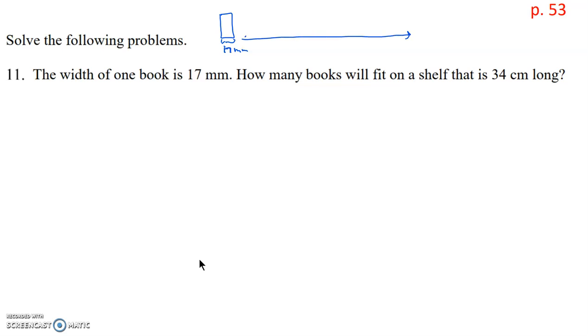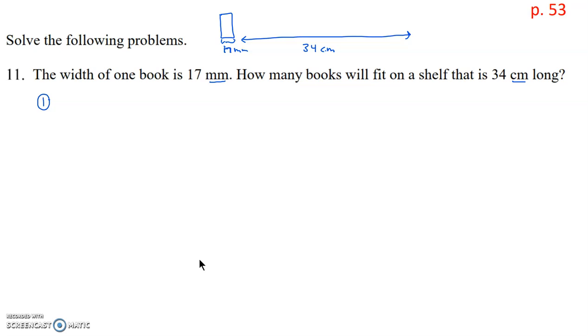So here's my shelf. 34 centimeters, but I have a problem here because my units are different. So the shelf is measured in centimeters, but the book is measured in millimeters. What I can do is convert the book to make it fit with what I'm ultimately trying to find, which is how many books will fit on this shelf in centimeters.